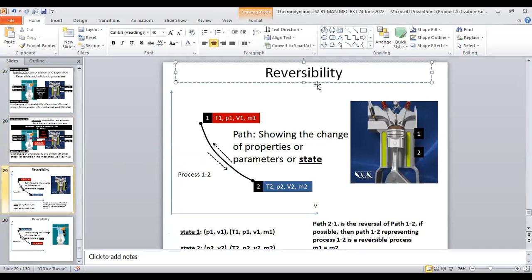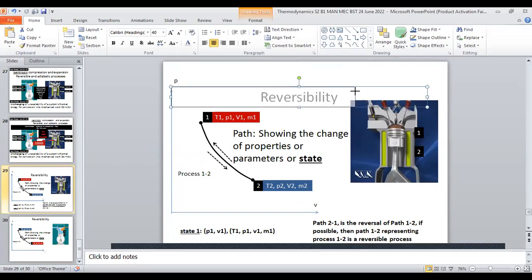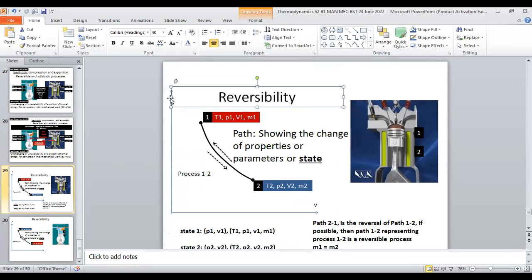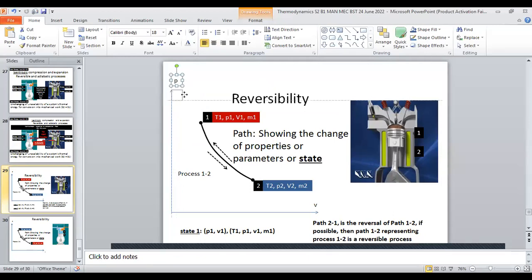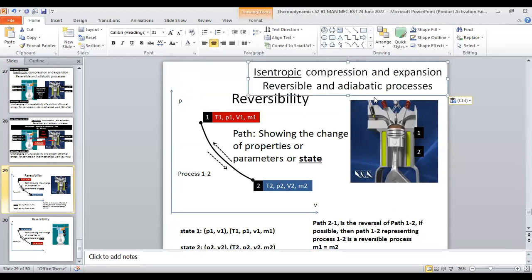And we talk here about the reversibility. So this is expansion. So you have to go through some literature and try to understand.